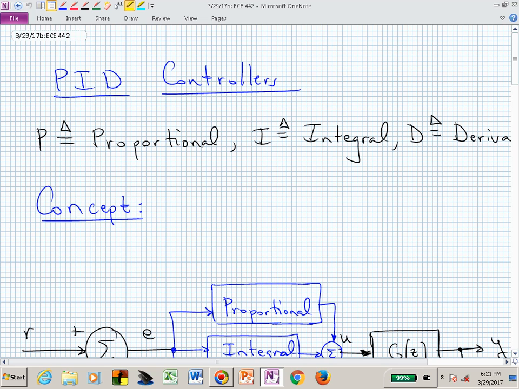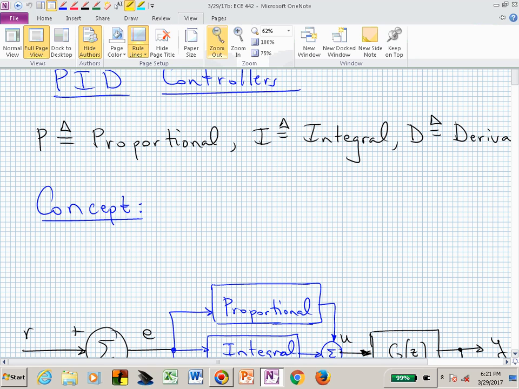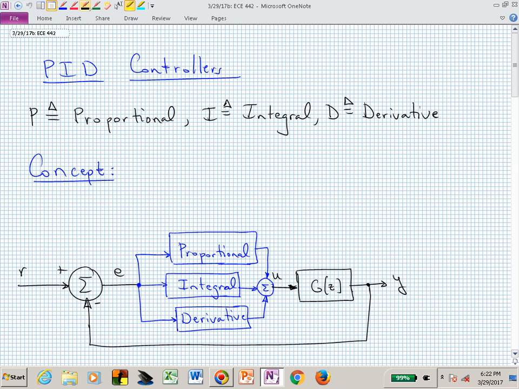Let's now talk about PID. Or if you've taken an earlier controls class, you know that you don't say PID, it's a PID controller. It's an acronym. It stands for proportional, that's the P, integral, the I, and the D is derivative.